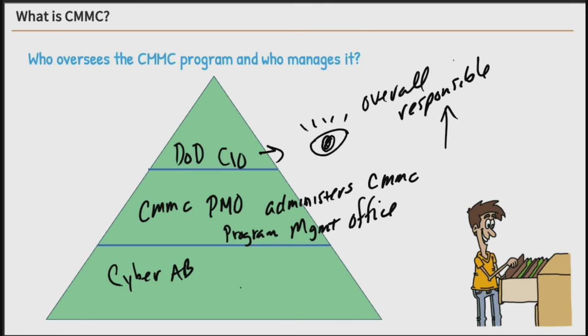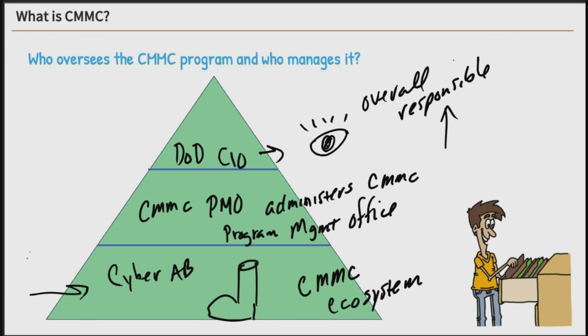Okay, so again, this is going to be our boots on the ground, folks. These are going to be implementing and overseeing the CMMC ecosystem. So I'll put that up here: CMMC ecosystem. These are the folks making it happen. So here we see our chain of command, if you will.